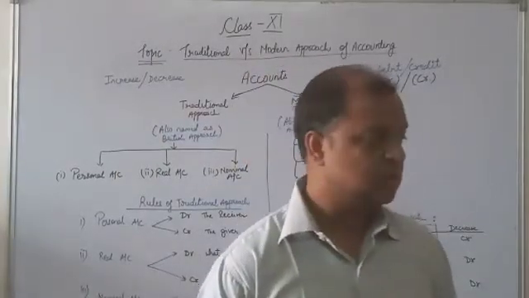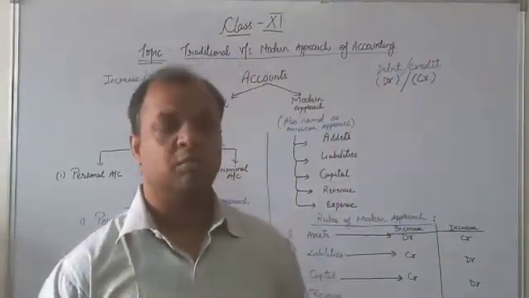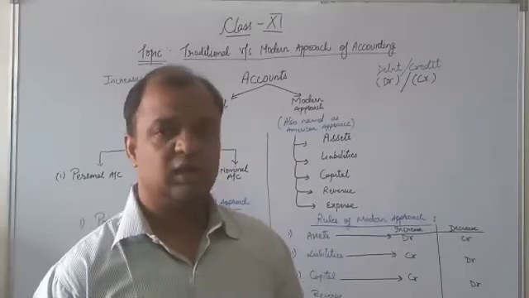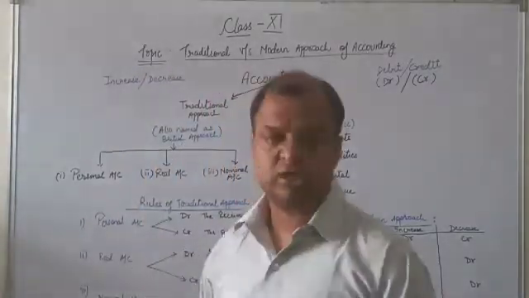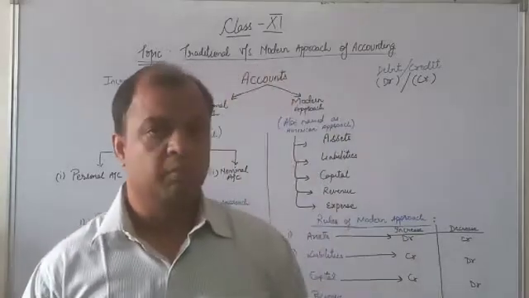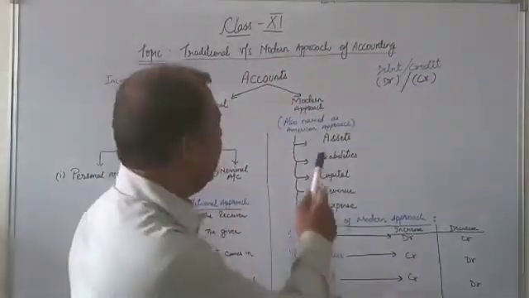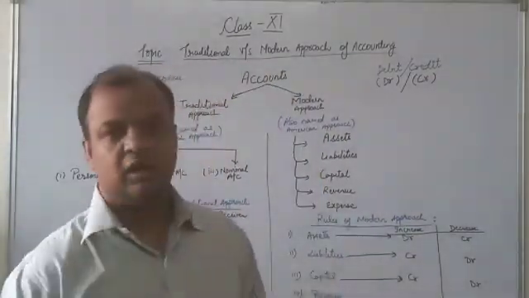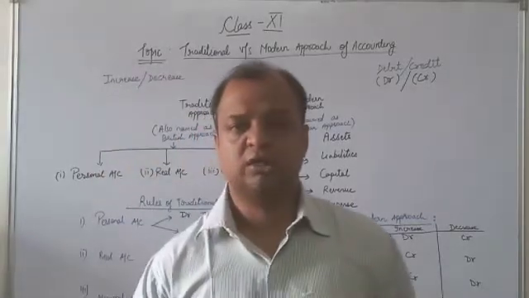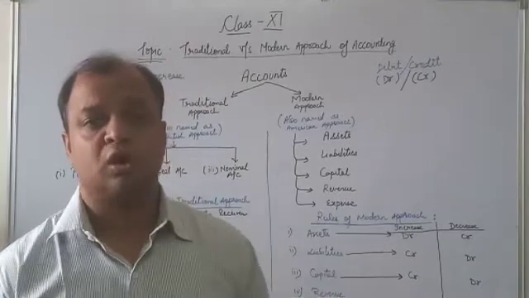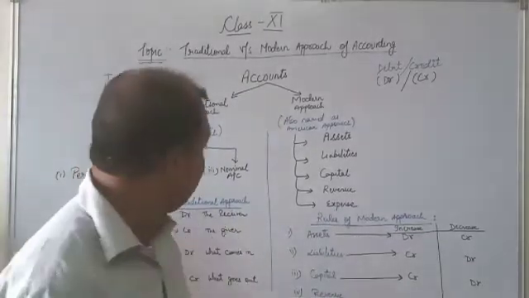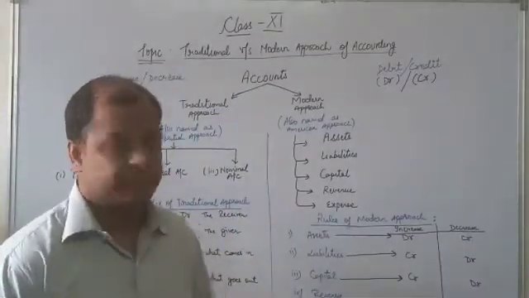What is traditional approach and what is modern approach? Traditional approach is also named as British approach, whereas modern approach is named as American approach. Now traditional and modern approach follow few rules or guidelines of accounting.